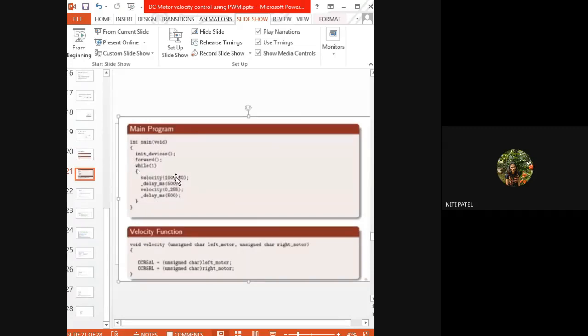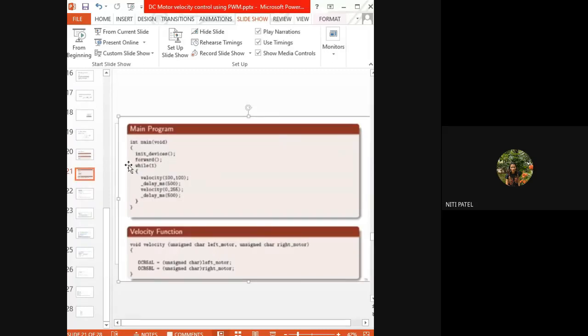So whenever I give the velocity, I cannot give it more than 255. अगर 255 से ज्यादा दिया तो मुझे टाइमर 16 बिट का यूज करना पड़ेगा. So if you increase the value, maximum 255 means it will go at maximum speed. As you reduce the value, the speed will reduce. ठीक है, so if I give 10, 20, 30 मतलब उतना स्लो चलेगा. If I give 200 तो उतना थोड़ा फास्ट चलेगा. 255 means it is running at its maximum speed.